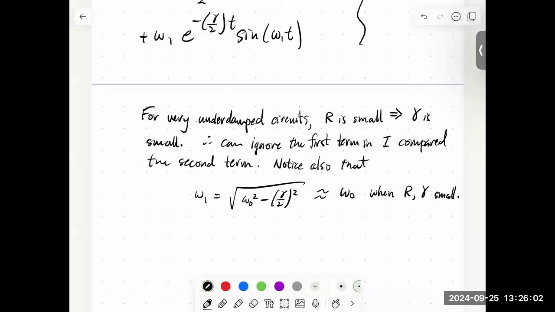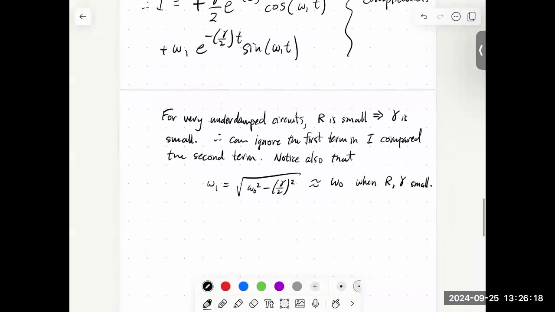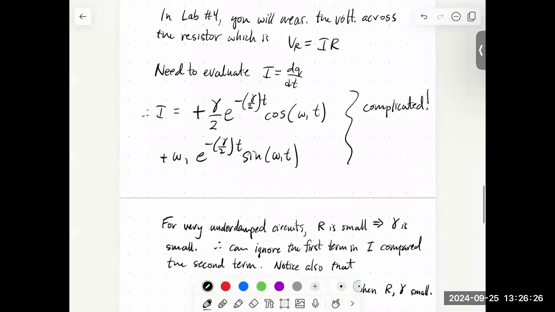Okay, so if we do those two things, I'm going to rewrite this current where we're going to say the first term I don't care about. I'm going to keep only the second term, and omega 1 is basically omega naught. And so what we end up with is I is approximately omega naught. Oh, sorry, I forgot something.